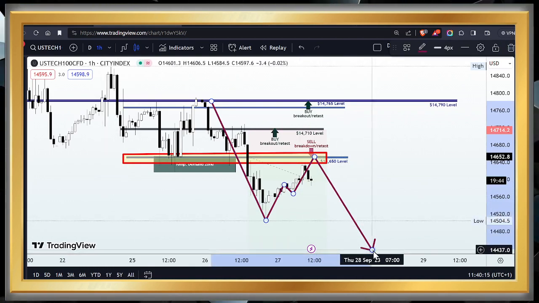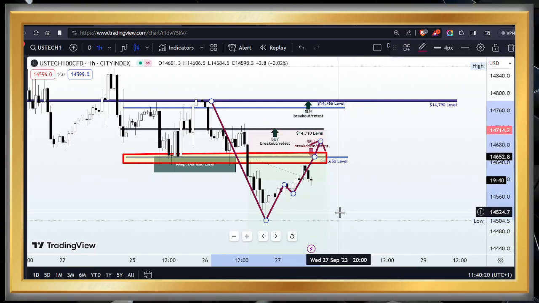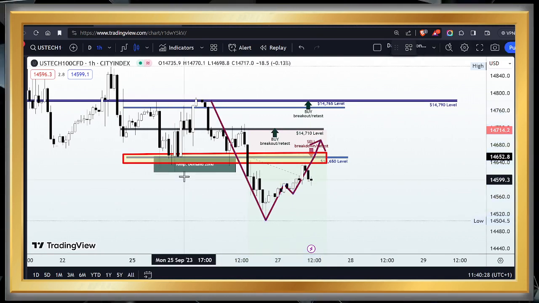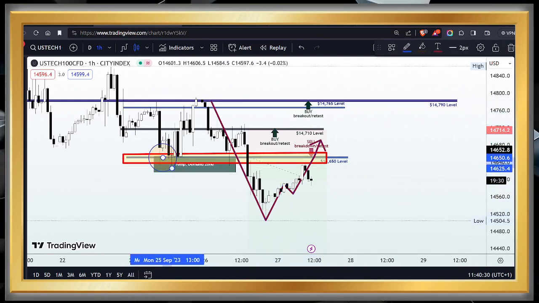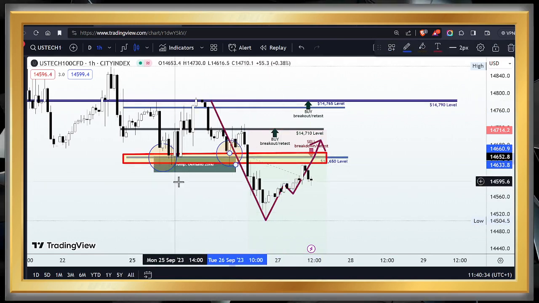However, if price does the opposite in this scenario, breaking back above the 14,650, then of course we will be back within the buyers' territory. As you all know, since the beginning of the week, the zone here has consistently held buying pressure, negating all attempts by the sellers to break through that area.